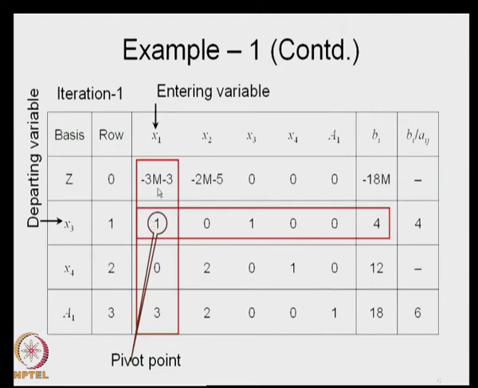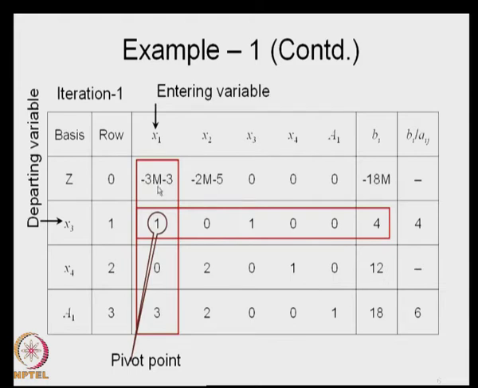So, between minus 3 m and minus 2 m, minus 3 m is a larger negative value. Let us say this was minus 3 m minus 3 and this was minus 2 m minus 50,000. Even then, minus 3 m becomes the larger negative value.